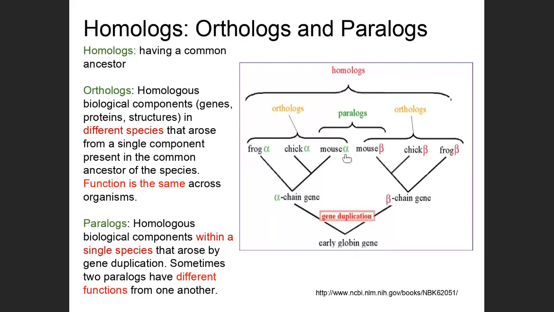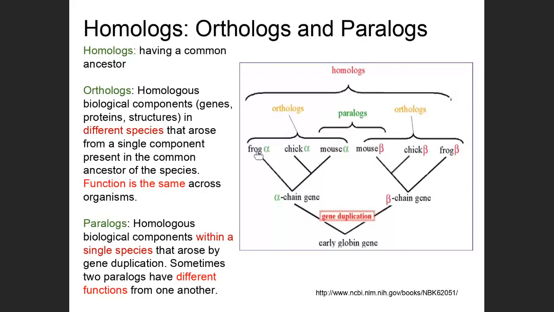So there is a globin alpha and a globin beta. How does that come about? There is some gene which duplicates. There's a gene duplication event, and then let's call them the alpha globin and the beta globin. The alpha globin exists in frogs, chicks, and mice, and the beta globin in frogs, chicks, and mice. All of them have both versions of globin.